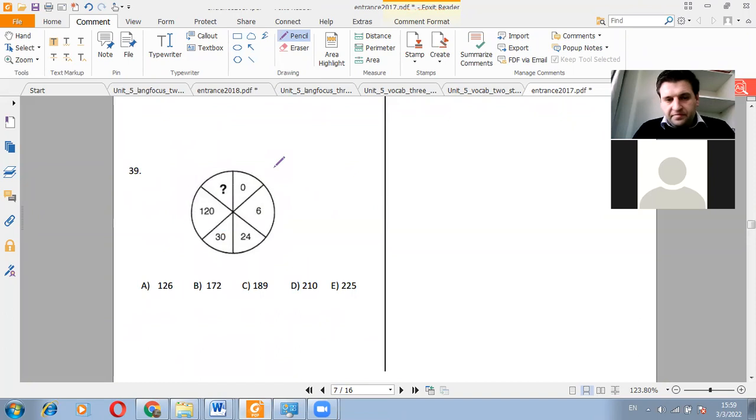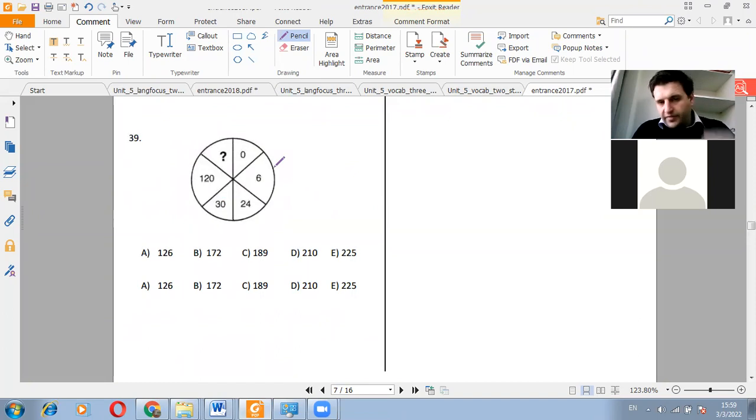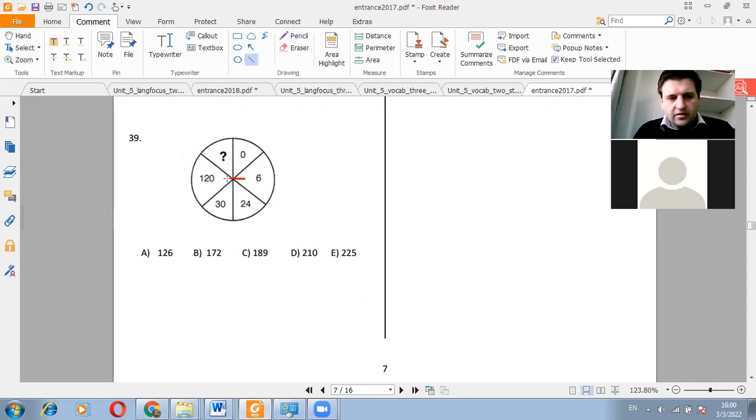Question 39. Okay, we have another circle, and earlier we had a few questions like this, but in the previous ones you had the powers. They were related like this: 6 with 120, 0 and 30, and question mark with 24. But this time it won't make sense.